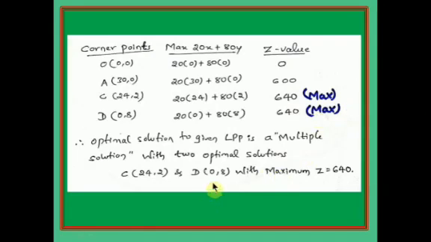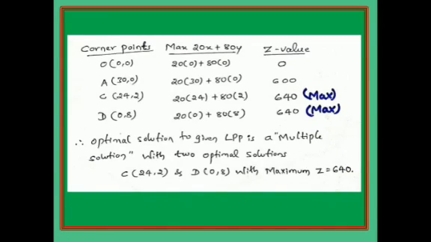That's why it's being referred to as a multiple solution. With 2 optimal solutions, one is C 24,2, D 0,8 with maximum Z value equal to 640. This is the solution for the problem which we had considered.